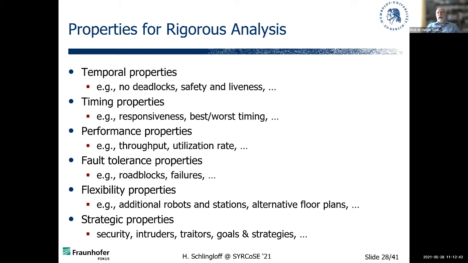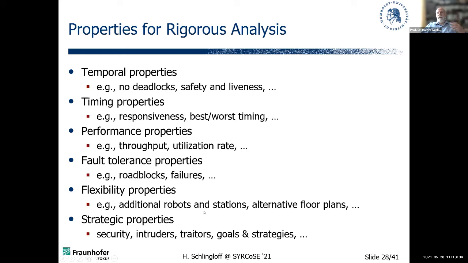There are other properties like temporal properties: no deadlock, safety, liveness, responsiveness, best or worst case timing, throughput, utilization rate, fault tolerance, roadblocks, failures, and so on, and even flexibility properties.